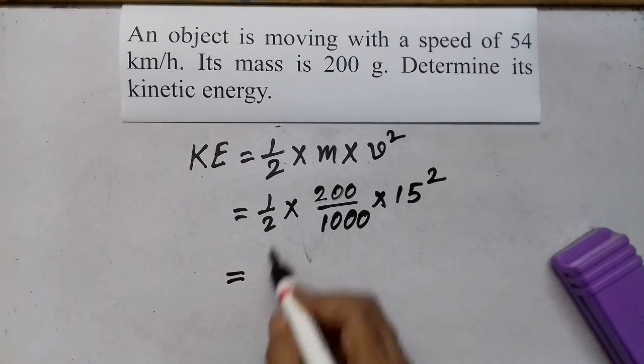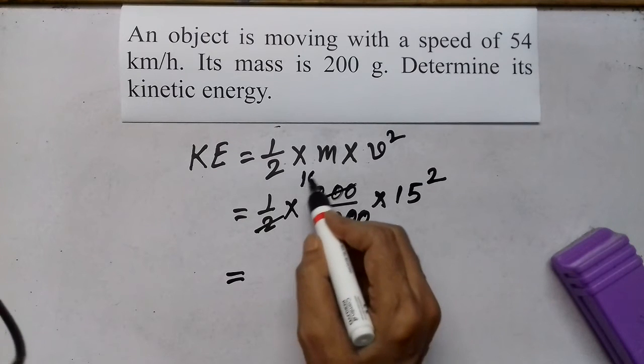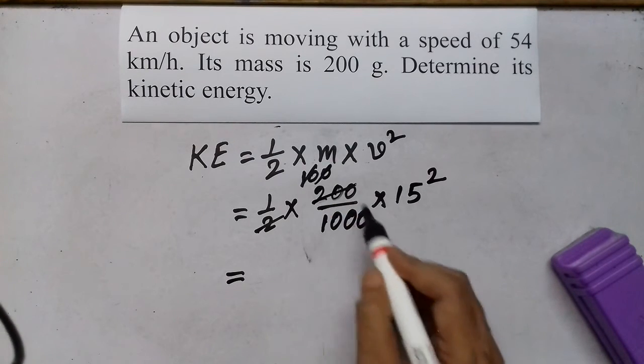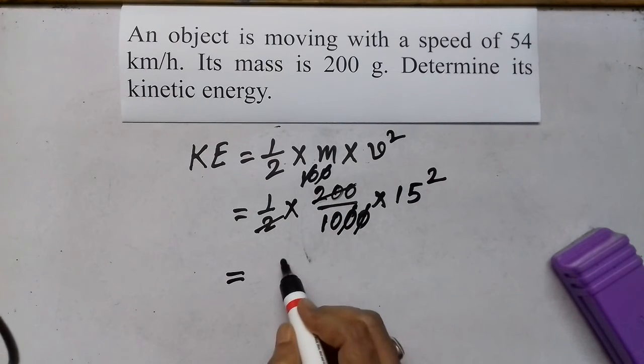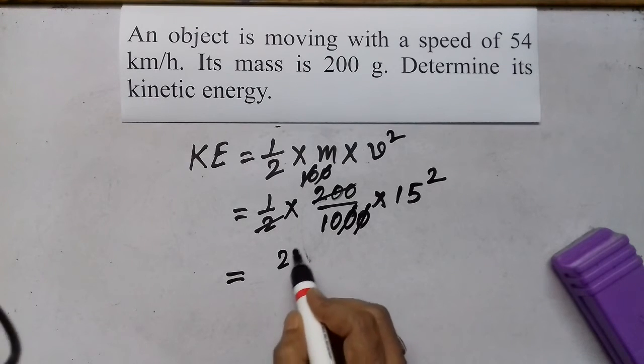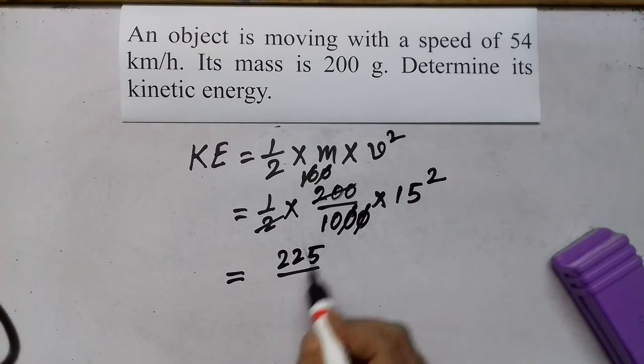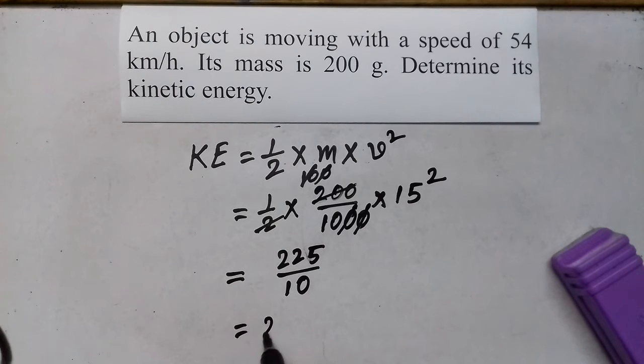If you calculate it, here it is 100, 0 will be cancelled, 15 square is 225 by 10, 22.5 joule.